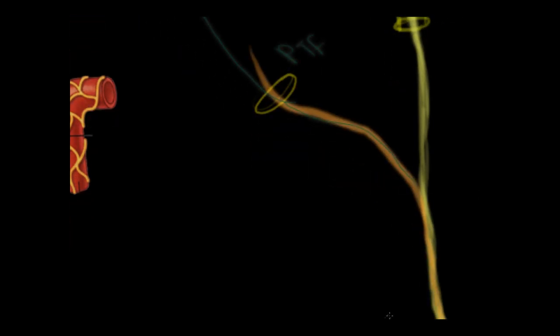This is the chorda tympani. Now, it joins a nerve. This nerve is mandibular nerve. This is the mandibular nerve. Mandibular nerve is a branch from the trigeminal nerve, entering into a foramen called foramen ovale.